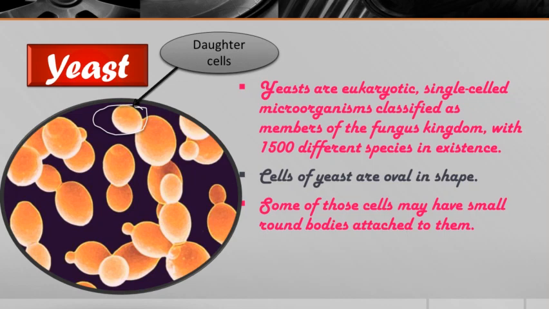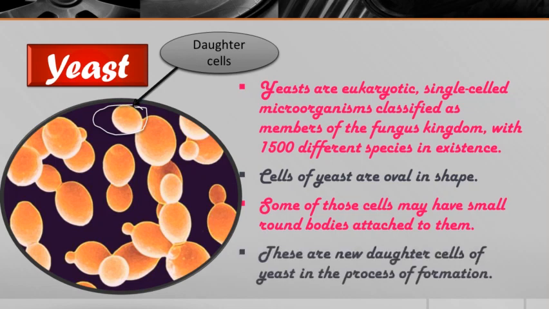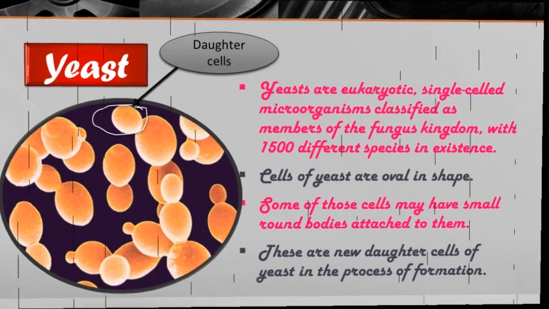That means the newly formed cell which is attached to the oval cell is called a daughter cell. These are new daughter cells of yeast in the process of formation. That means in the process of further development, these daughter cells are present.